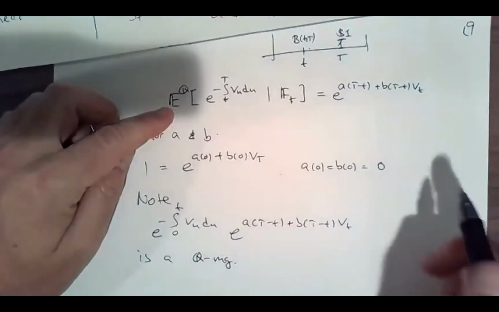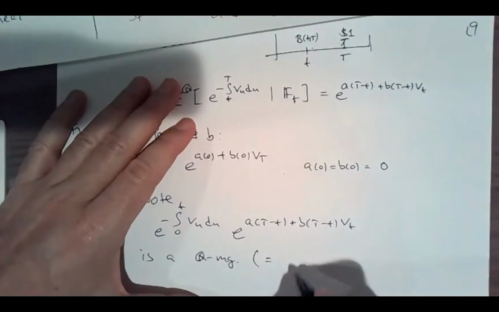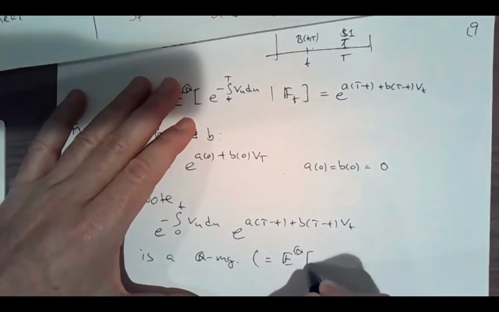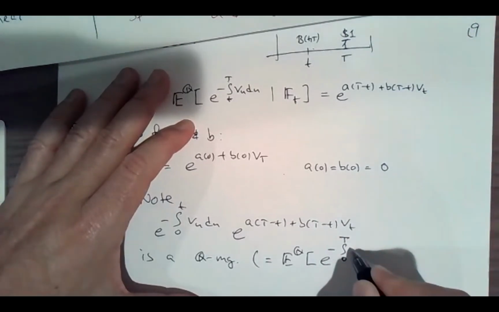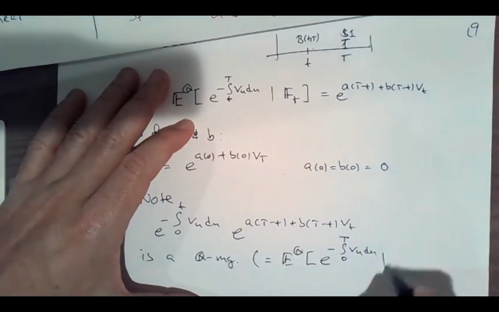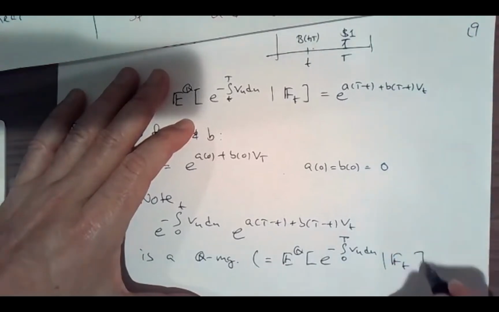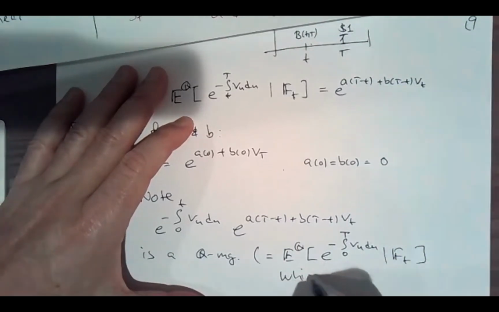Because it's equal to the conditional expectation of e to the minus integral from 0 to T of V_u du given F_t. And this is a Levy martingale.